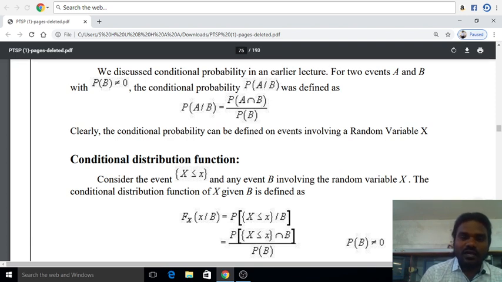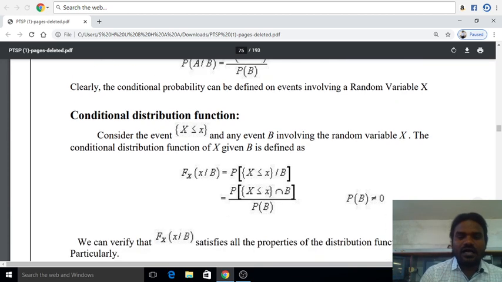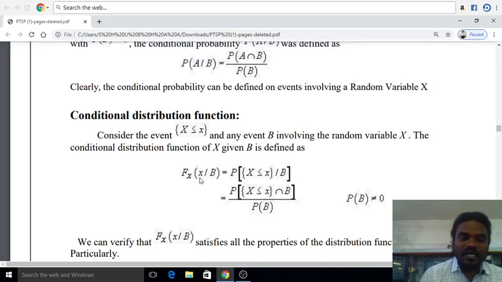Now we need to talk about the conditional distribution function, that is Fx(x|b). Earlier we had the probability distribution function Fx(x), but now it is conditioned on b, so we use probability of X less than or equal to x given b.